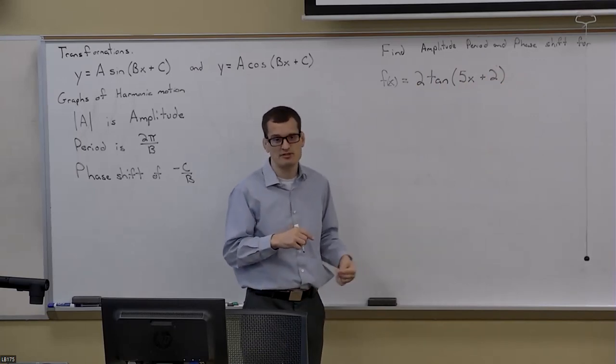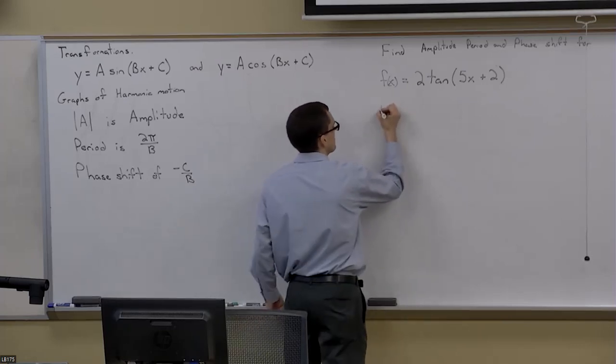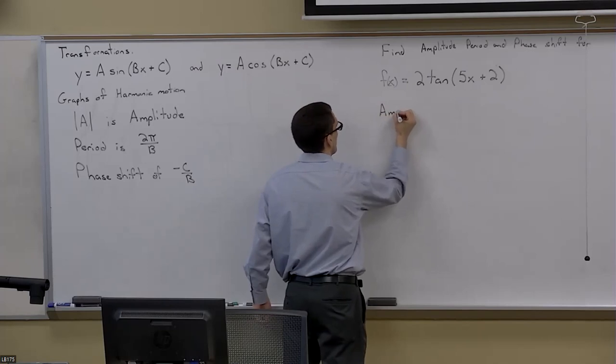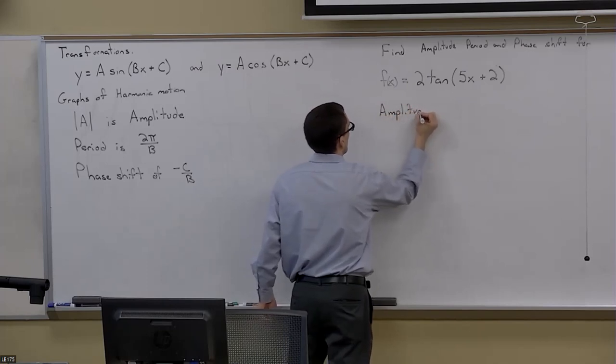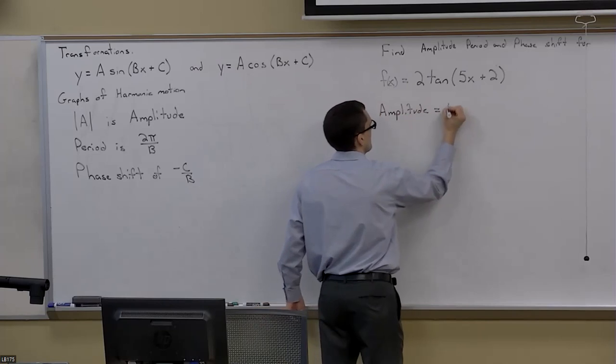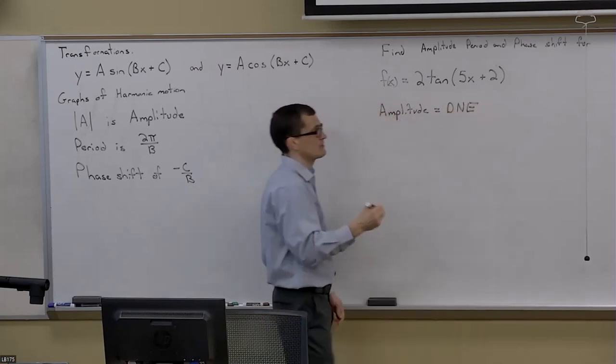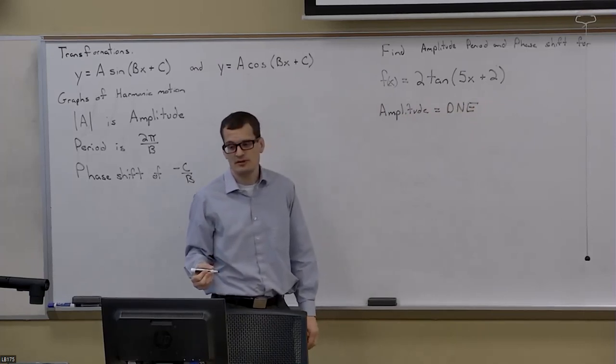So there's no amplitude, or the amplitude is infinite. There is a vertical stretch of 2. Does that make sense?